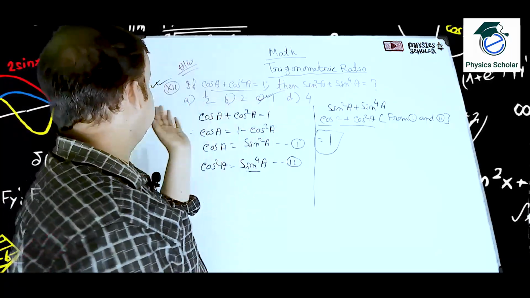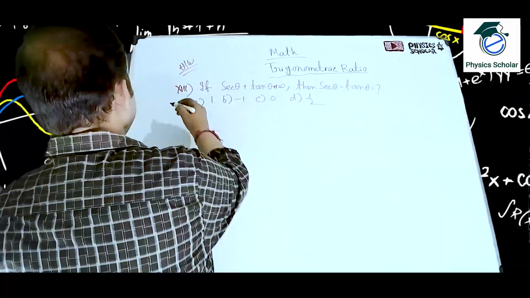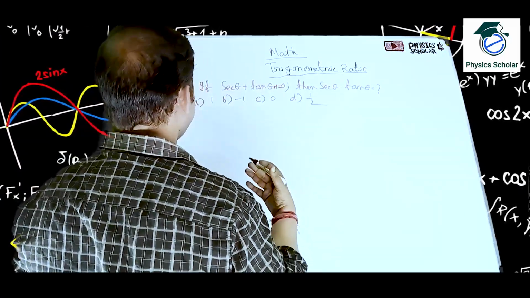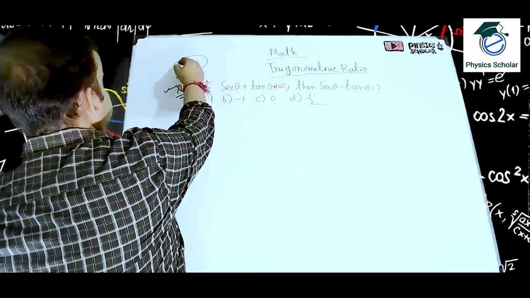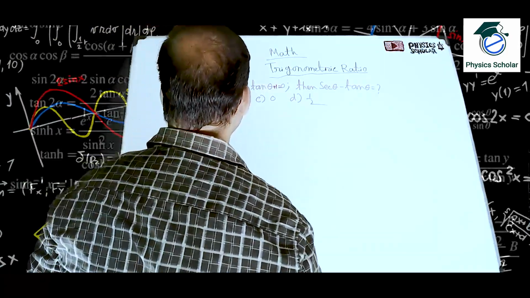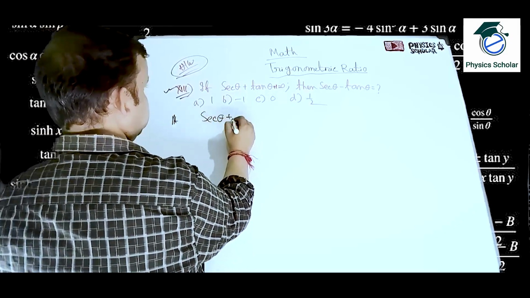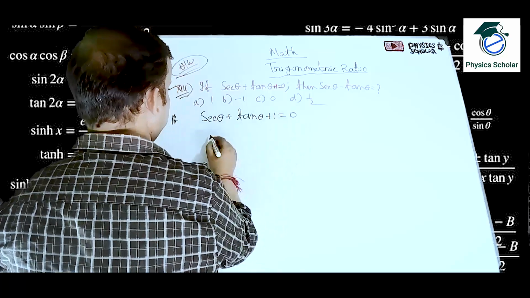So now quickly move to the next sum, sum number 13. So students, here it is sum number 13, and last but not the least, clear, as your homework, this was the last sum. So what is given? Sec theta plus tan theta plus 1 is equal to 0.